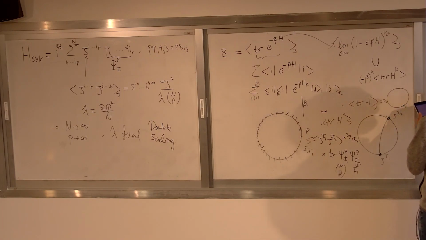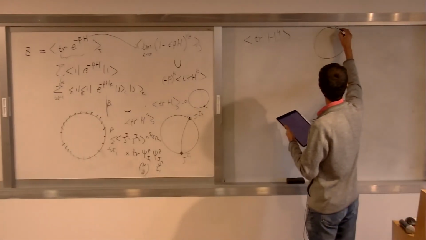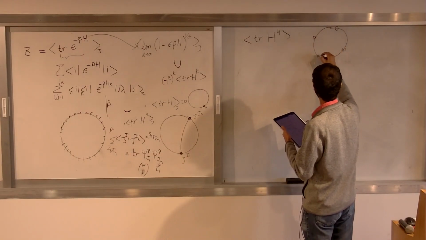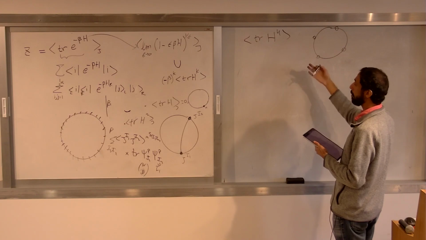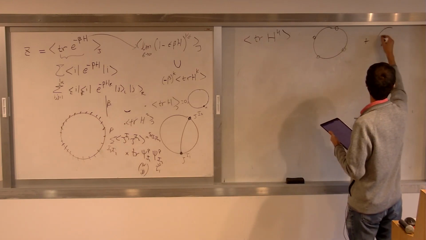Let's compute trace h to the 4. In this case, you'll have a circle with 4 insertions of h, and there are now more Wick contractions, right?